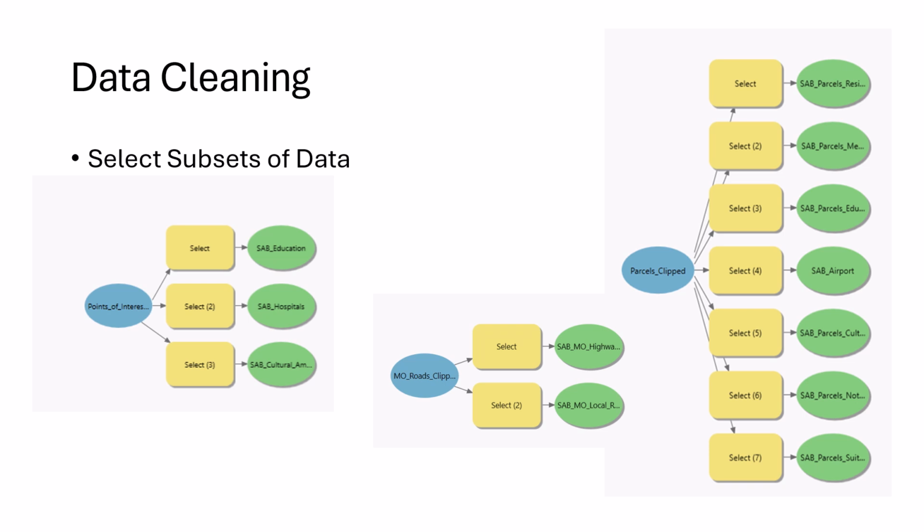And then I used parcels not suitable for development, which was basically the existing development. And then I used parcels suitable for development, which were parcels that were undeveloped or agriculture or things like that, that could potentially be used for development in the future. That's going to become important later on.